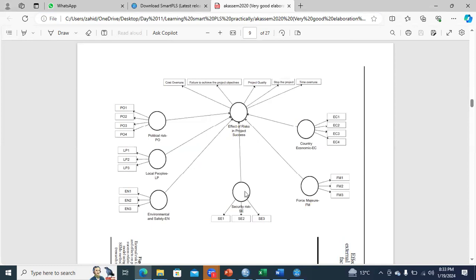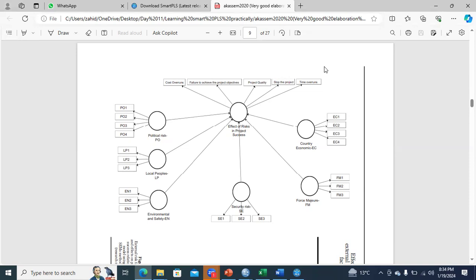This is basically your DV, and these are all your IVs, or independent variables. They have shown how these factors are impacting this one. Political risk is a scale measured by PO1, PO2, PO3, PO4. In the same way, local people, LP, is measured by LP1, LP2, LP3.